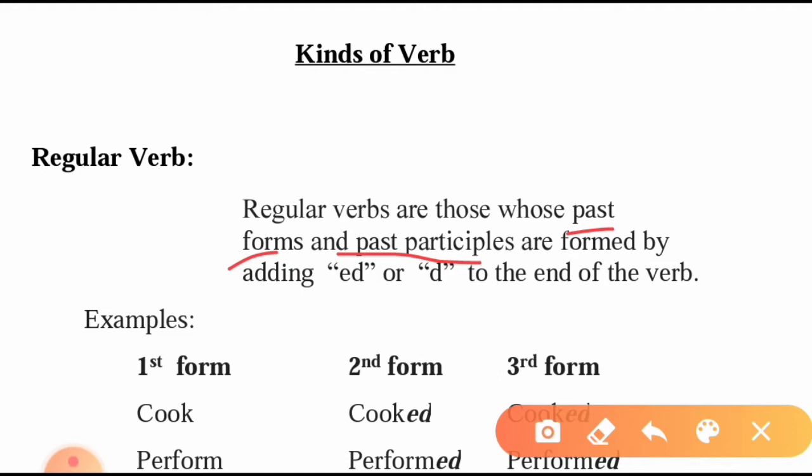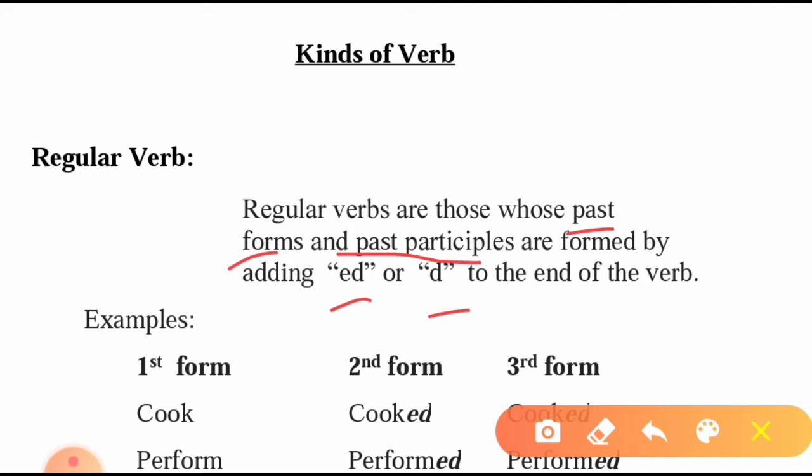When we are talking about the past form or past participle form, we make the form of a verb with ed or d. So those verbs whose second and third form are made with the help of ed or d, we can call regular verbs.